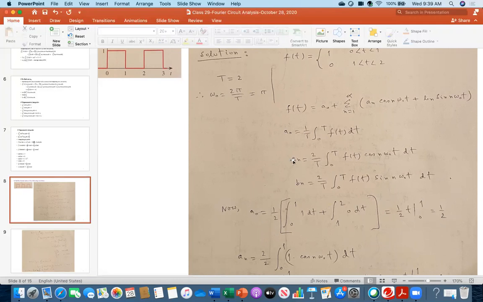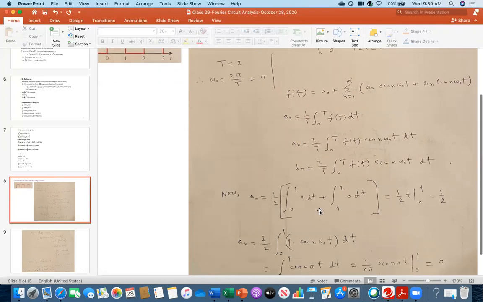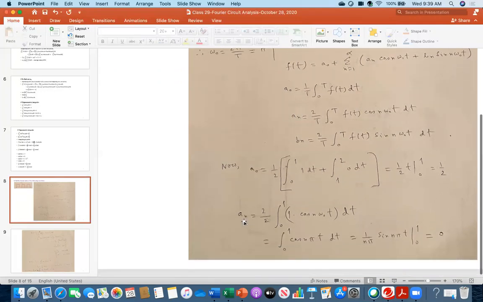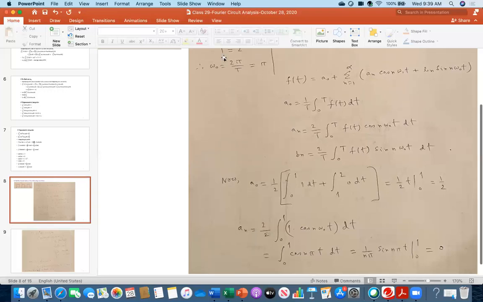Now we have to find out an and bn. So that I am doing here. So an, what is an? 2 over capital T. So 2 over time period, which is 2. And then on this one, I did not write the next portion because it will be 0. So I just write f(t) cosine of n omega naught t. Now omega naught was pi, that we calculated. Here you see omega naught was pi.